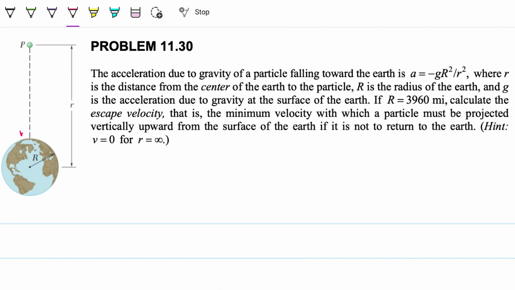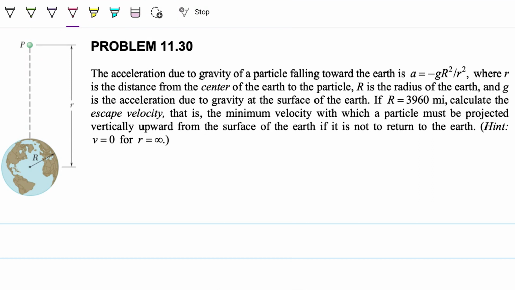Just like jumping, anything that goes up must come down. However, if you have a velocity that's able to escape completely this force field around Earth due to its gravity, then when you get to this point, Earth is not going to be able to pull you back anymore, and therefore you will have escaped its gravitational field.